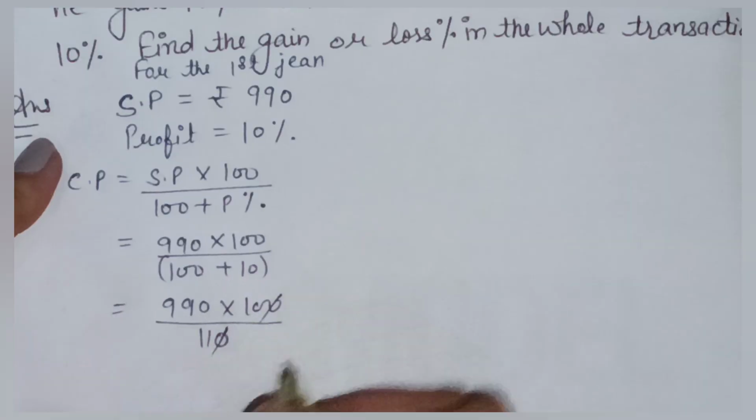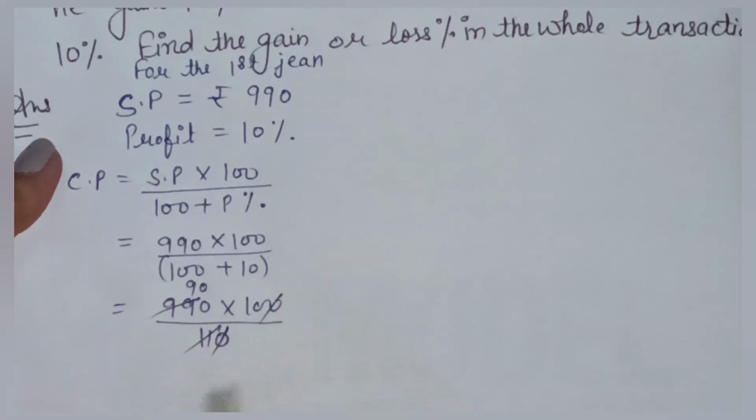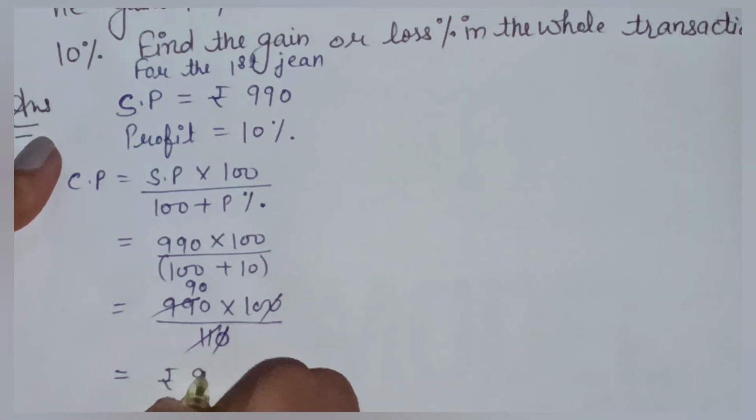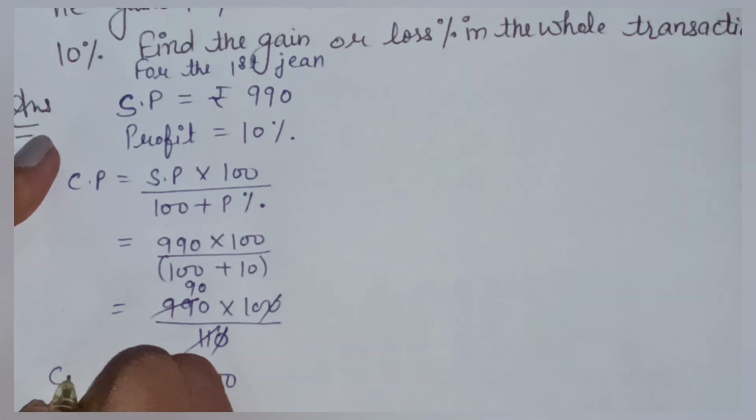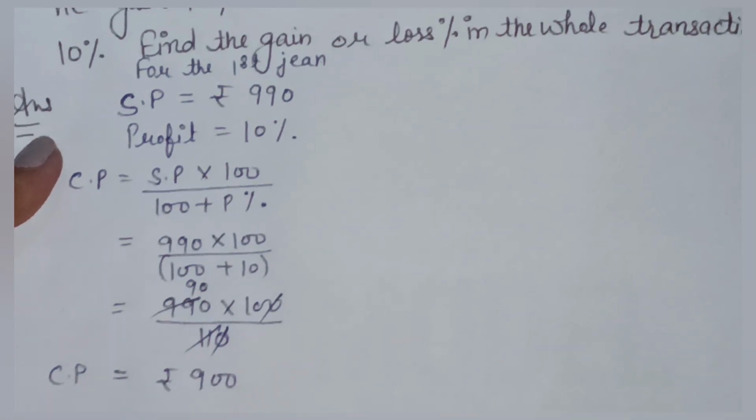This 0 cancels this 0, 11 nines are 99, 90 multiplied by 10 is equal to rupees 900. Here CP, cost price of the first jean, is equal to rupees 900.